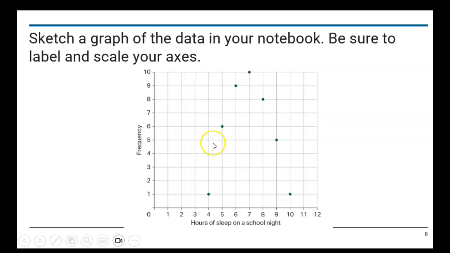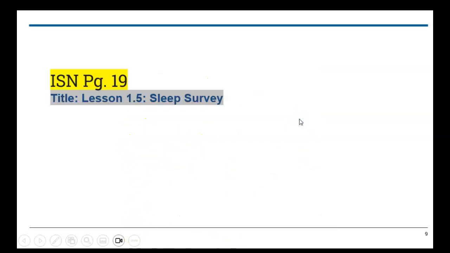Let's go. So everybody has their sketch and you labeled your axis? Yeah. Okay. Now go to page 19, please. Page 19. And here's the title.